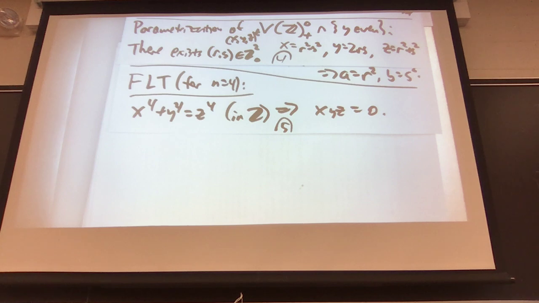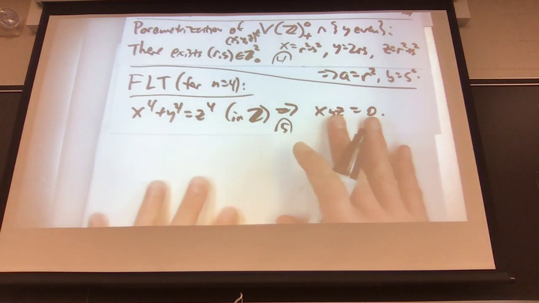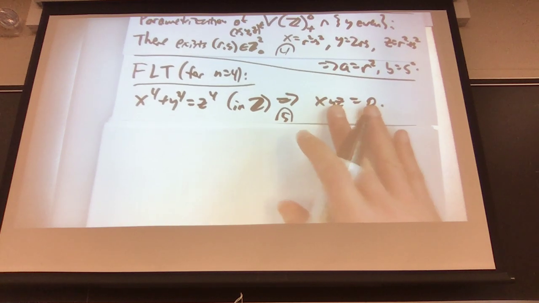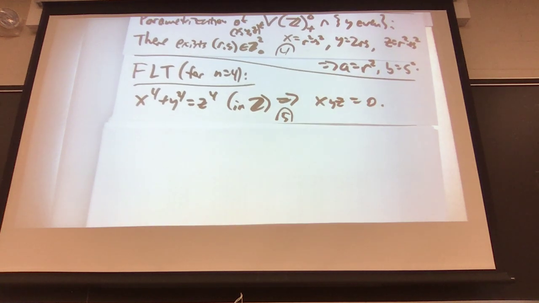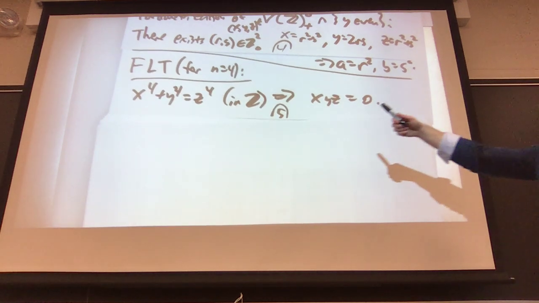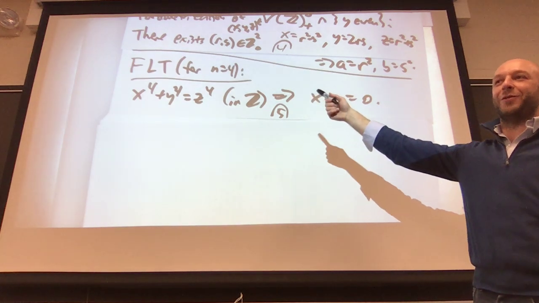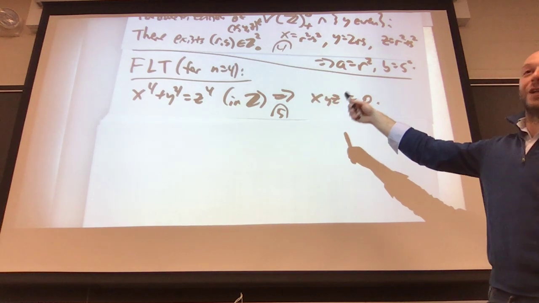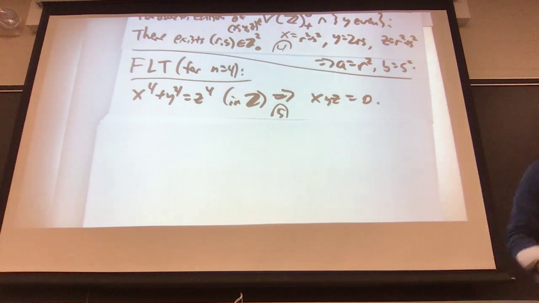There are no non-trivial integer solutions to this. In fact, we're going to prove an even stronger theorem, what Fermat really proved. And this, I think I mentioned last time, no one believes that Fermat really had a proof for all exponents, even though he claimed it. This one, he really did have a proof, and he explained what the proof is, and it's a brilliant idea.